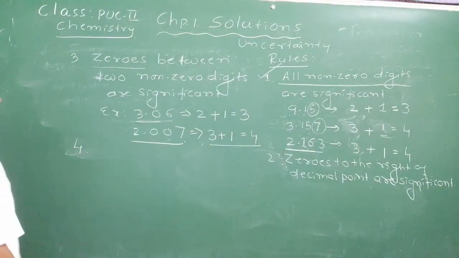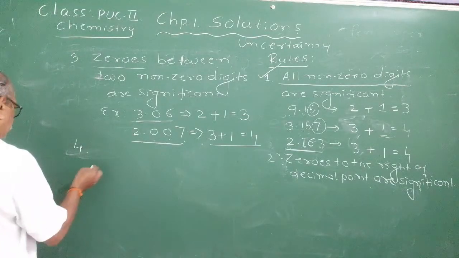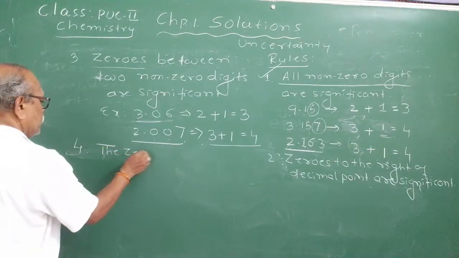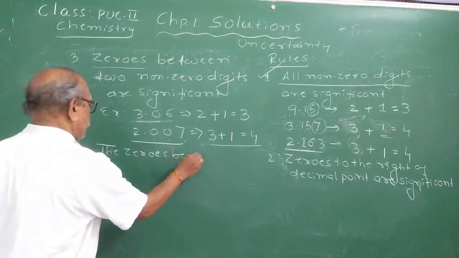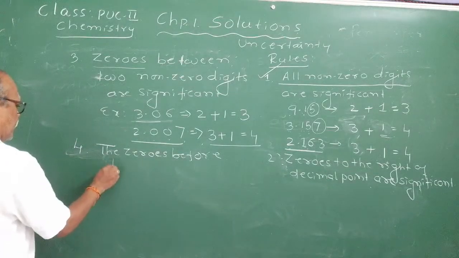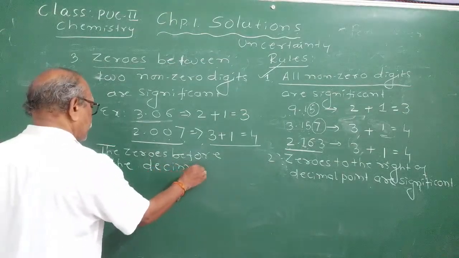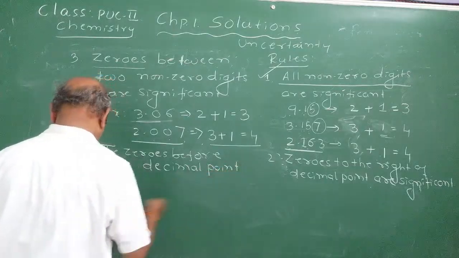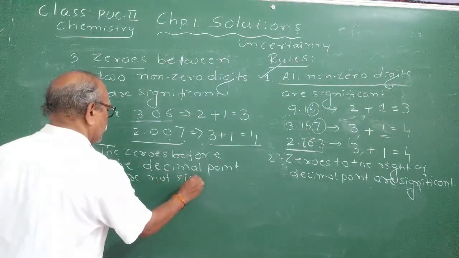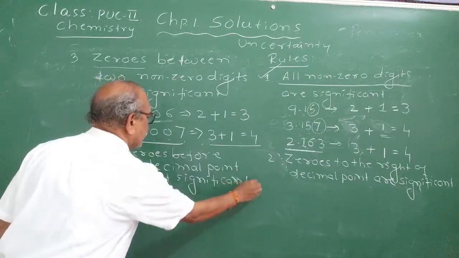Next, the fourth rule in knowing the leading zero before the decimal point. The zeros before the decimal point are not significant, till you get the first non-zero digit.